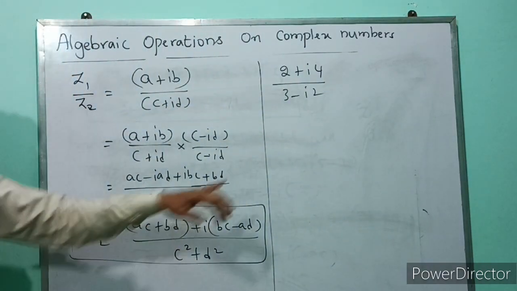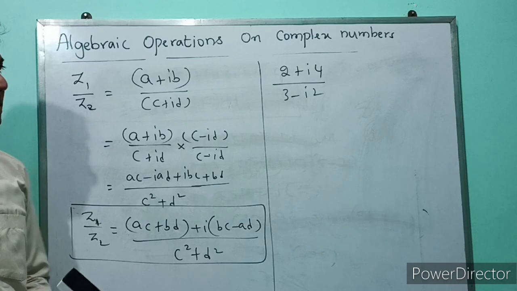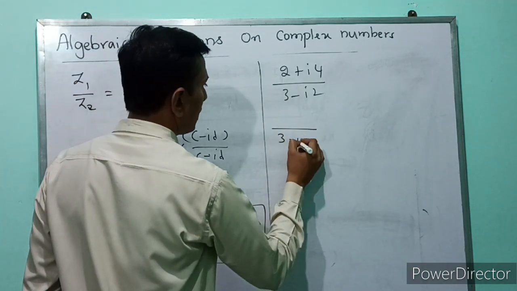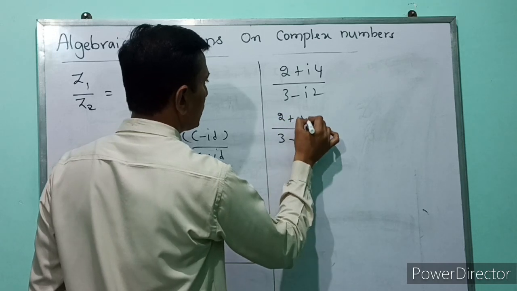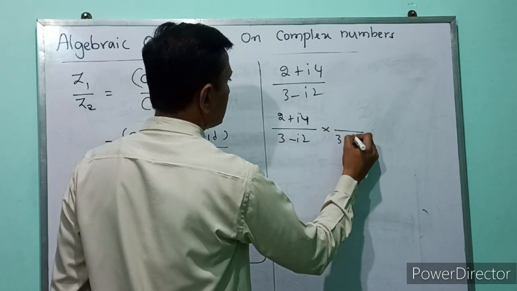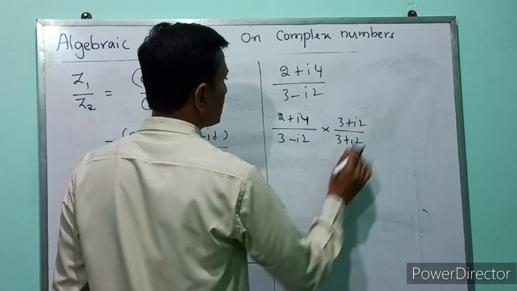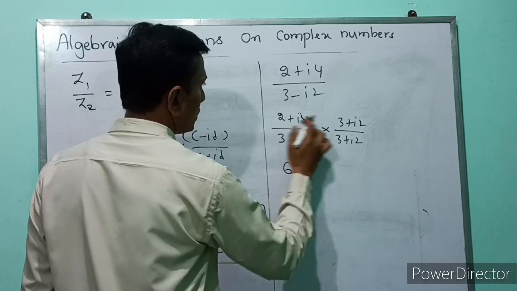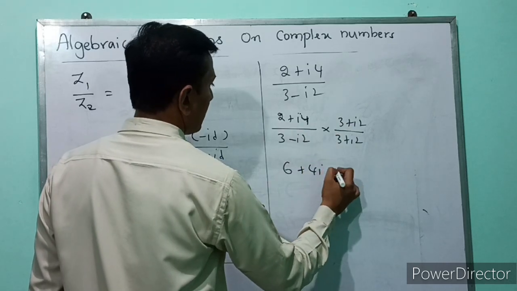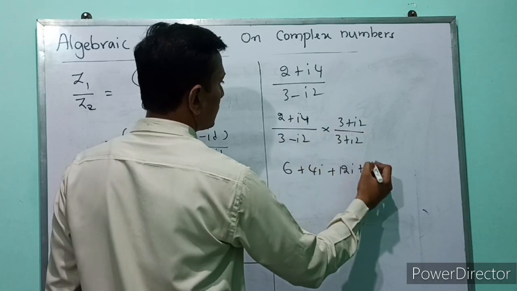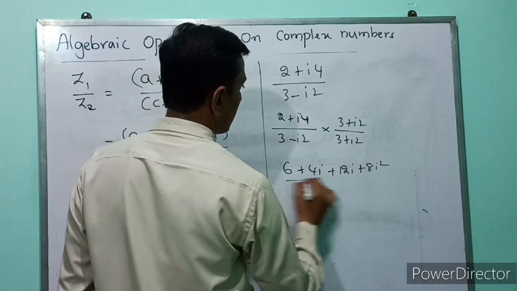So next, what is the step? We have to take the conjugate of this 3 minus I2. The conjugate will be 3 plus I2, so multiply here also by 3 plus I2. Then multiply: 2 3s are 6, 2 2s are 4I, 4 3s are 12I, 4 2s are 8I square.